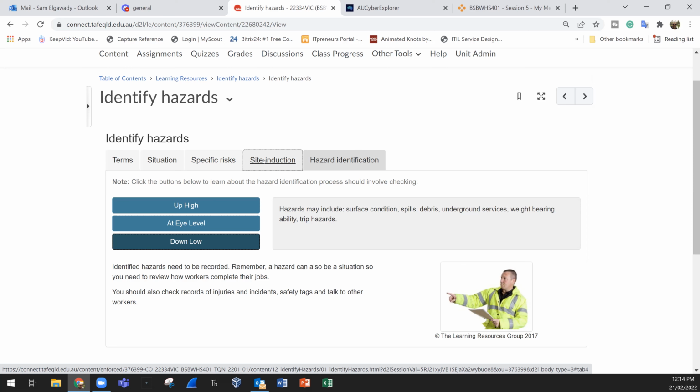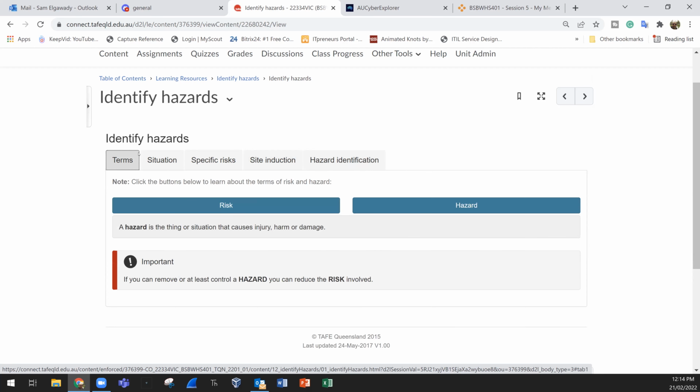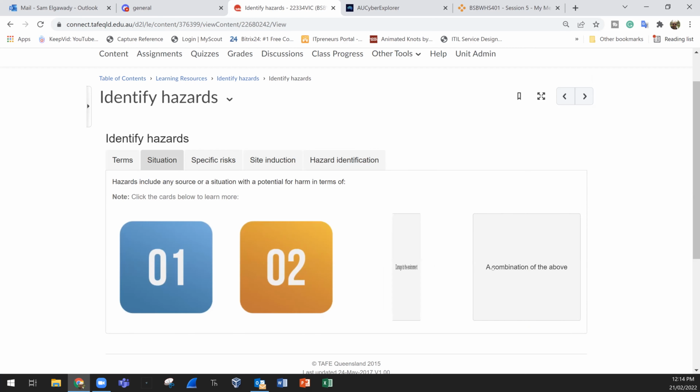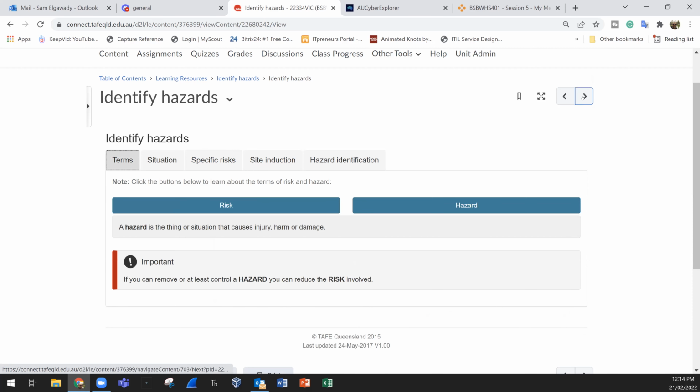This will definitely damage the equipment. It could also damage or create hazards for human beings or property or environment. So this is the hazard identification. And this is the first topic.